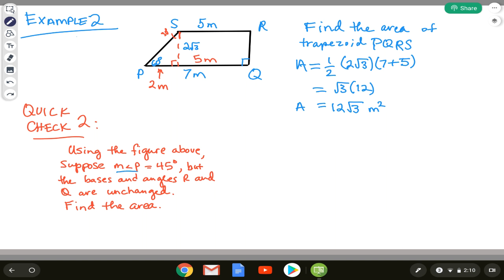We want the measure of angle P to be 45 degrees. So if I draw that in, this is going to be hard to draw. Okay, so there's my leg.